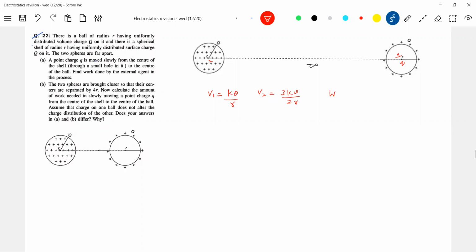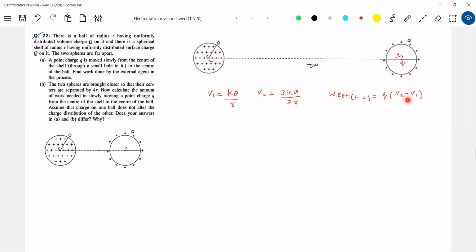Now, the work done by the external agent in moving a charge from 1 to 2 should be equal to Q into, we'll agree on this formula, V2 minus V1. By electrostatics it will be from V1 to V2. We'll agree on this; there's a formula we've used at many places.